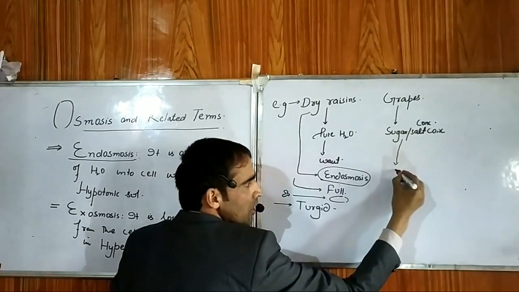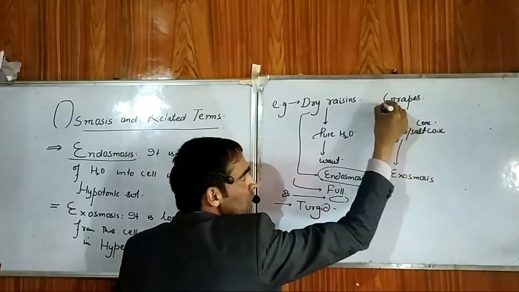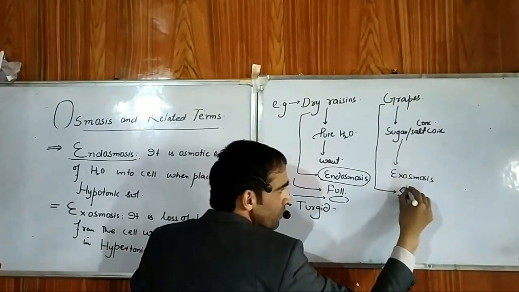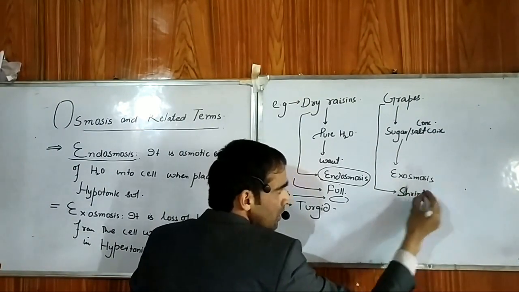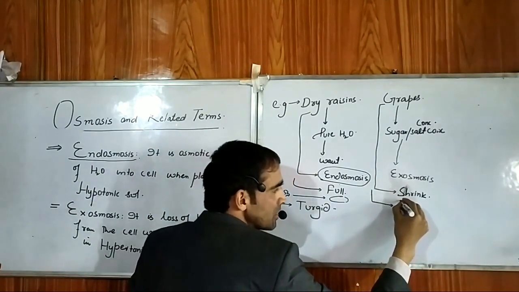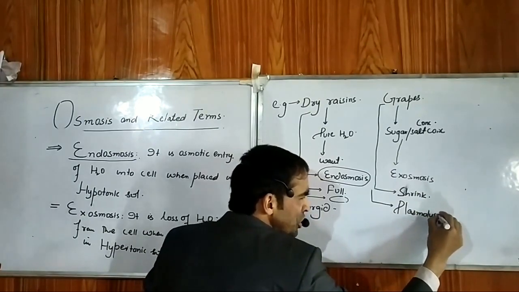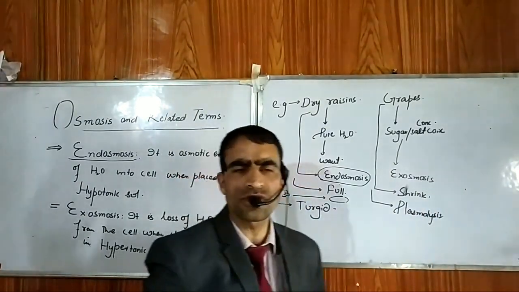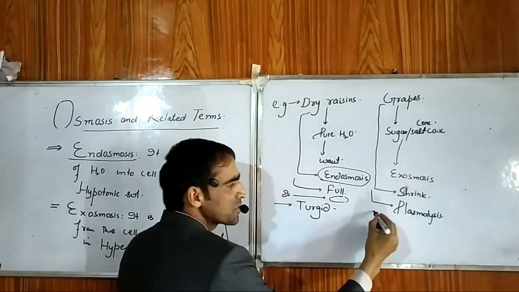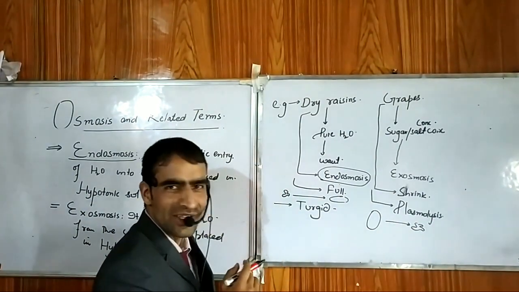After some time, we'll observe loss of water from the grapes here. We will observe that it will shrink. When it will shrink, there will be exosmosis here. We'll observe that there will be plasmolysis of the cells. There will be shrinkage. There will be loss of water from each and every cell of the grape cells here. And hence, the first size was just like that. After some time, the structure will be just like this.